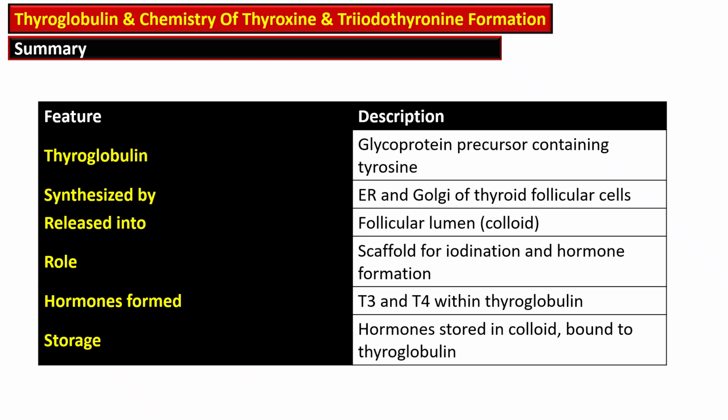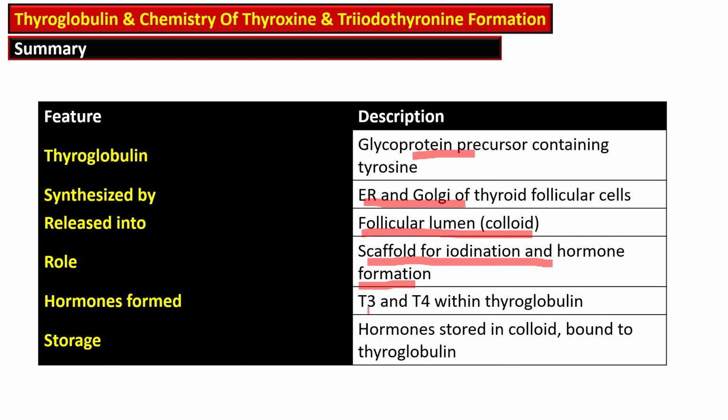So this table is summarizing these steps. The thyroglobulin is a glycoprotein precursor containing tyrosine that is synthesized by the endoplasmic reticulum and packaged in the Golgi of the thyroid follicular cells, and it is released into the colloid or the follicular lumen. Its role is a scaffold for iodination and hormone synthesis.